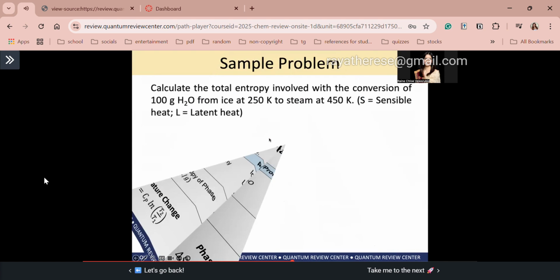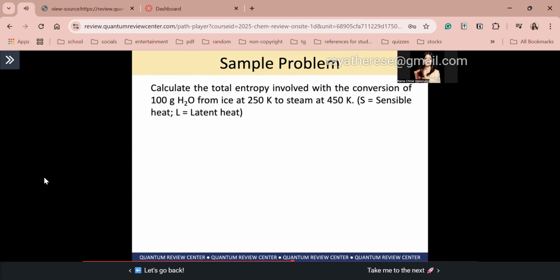Let's try to solve using the same sample problem as in Thermodynamics 1. Calculate the total entropy involved with the conversion of 100 grams water from ice at 250 Kelvin to steam at 450 Kelvin. Again, S means sensible heat, L means latent heat. So delta S due to the temperature change, or due to the absorption of sensible heat, is equal to Cp ln T2 over T1.